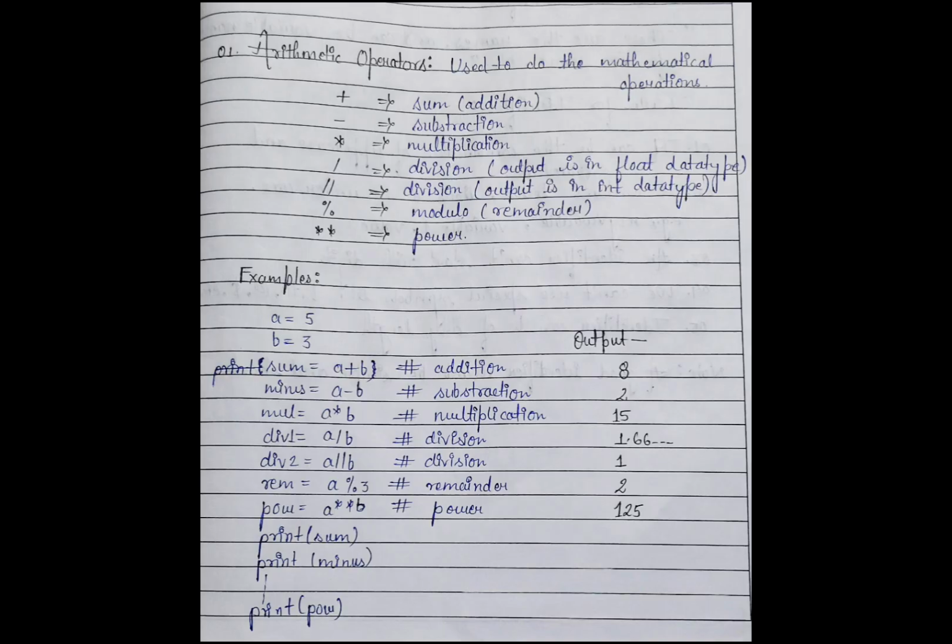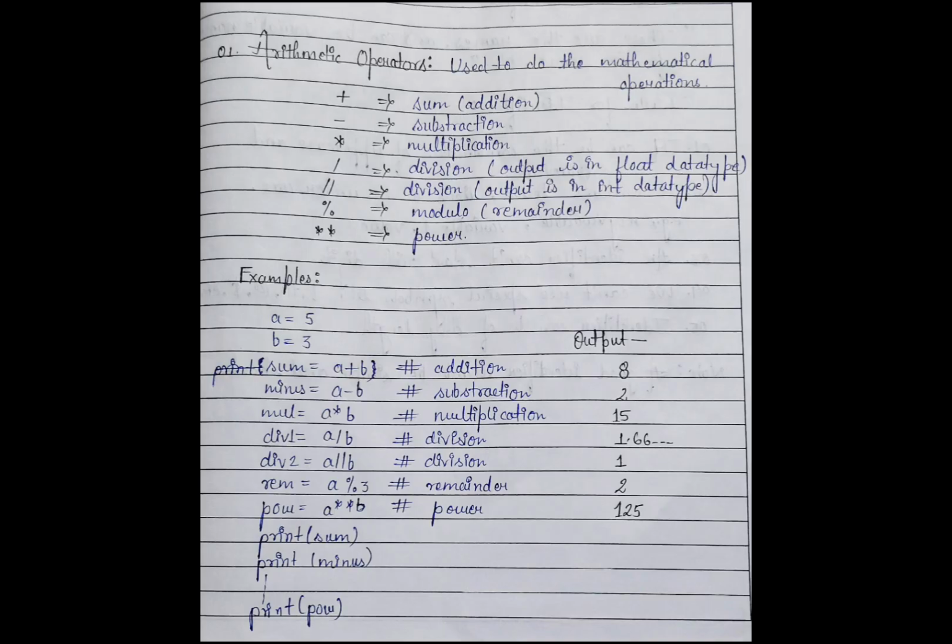Here the plus sign is performing the operation, and we are storing the output of a plus b in the variable sum. Similarly, in every operation, multiplication, subtraction, division, remainder, power, we are storing the output in our variable.